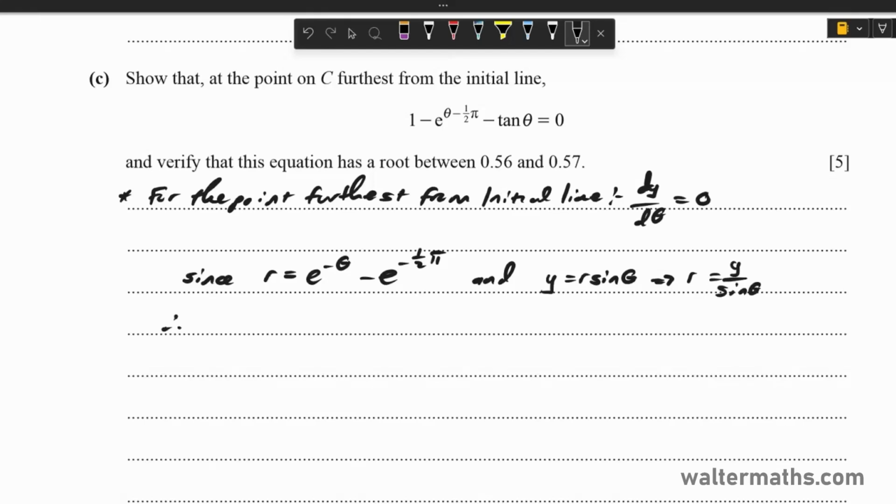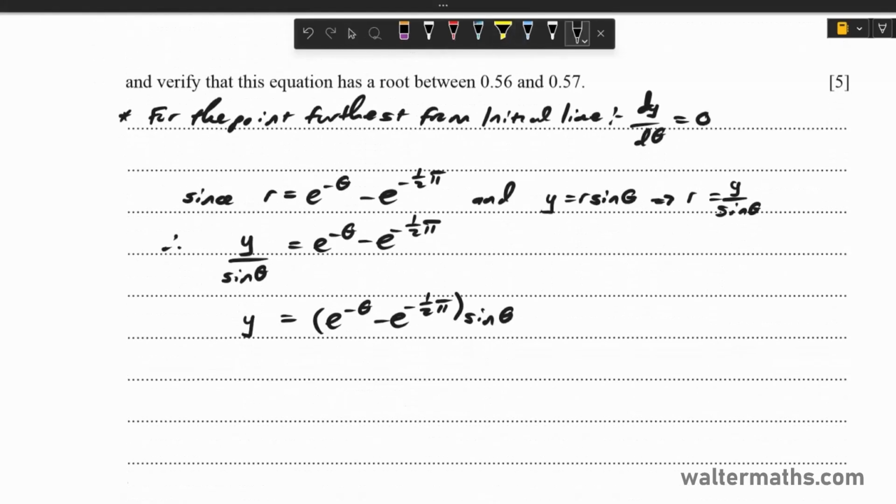So we can therefore say in place of r, we can put y over sine theta is equal to e to the minus theta minus e to the minus of a half pi. So we have done this so that we can have an equation which is of y in terms of theta. So here we'll be having y is equal to e to the minus theta minus e to the minus of a half pi of sine theta, like this. All right. So we can now find dy by d theta.